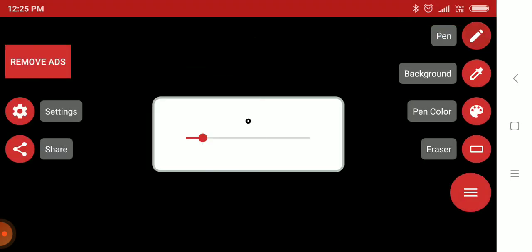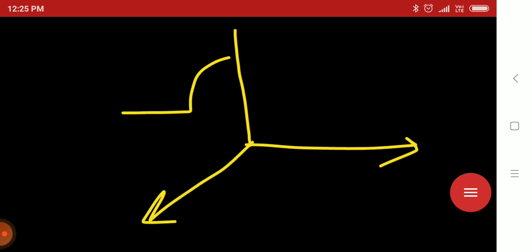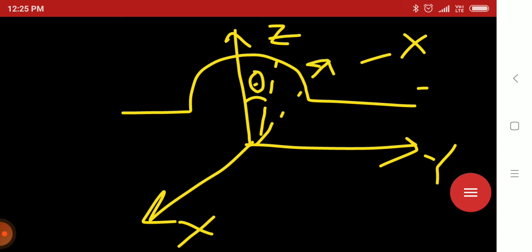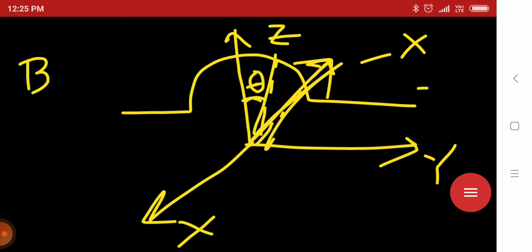I am drawing the figure again. Here theta, this is x, this is y, and this is z. B is along the negative x-axis, the magnetic field. So in dl cross B, when we take the force z component, we should take Bz equals, and when theta is there, Bz equals B0 cos theta.